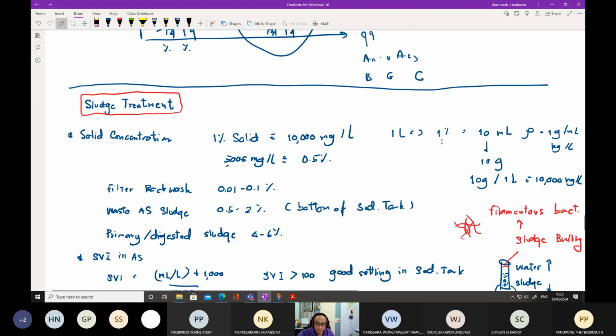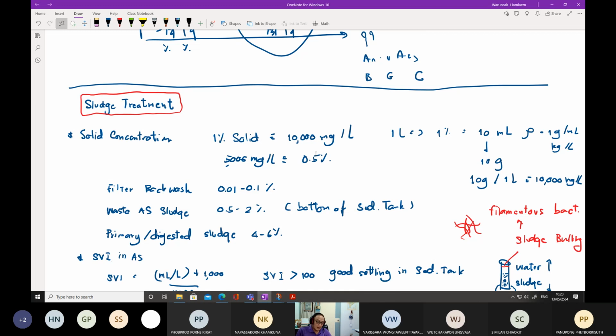So 1% of 1 liter is equivalent to 10,000 milligrams. That is why when we say 1% of the solids, normally it's equal to 10,000 milligrams per liter. So this is the solids concentration.